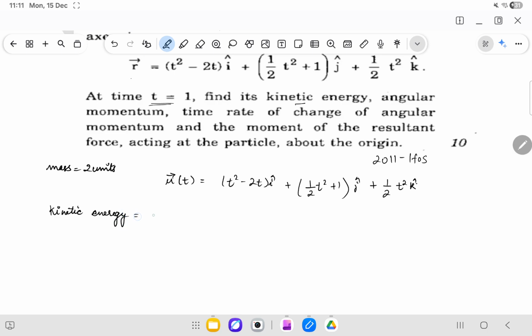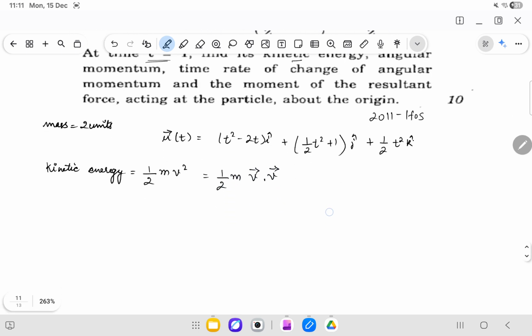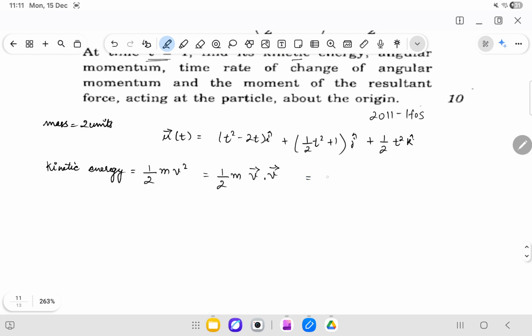Kinetic energy will be equal to half mv², which can be written as half m v vector dot v vector. Since mass is 2 units, it reduces to the dot product of v vector with v vector. Since the position vector is given, we can easily evaluate the velocity vector, which is the derivative of the position vector with respect to t.